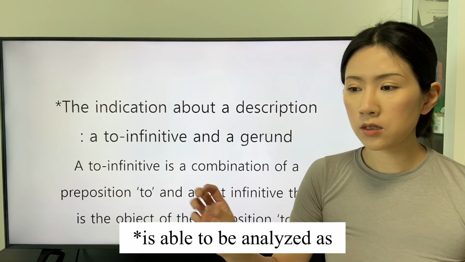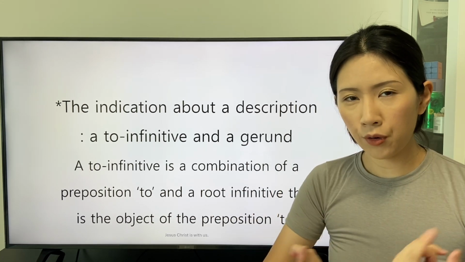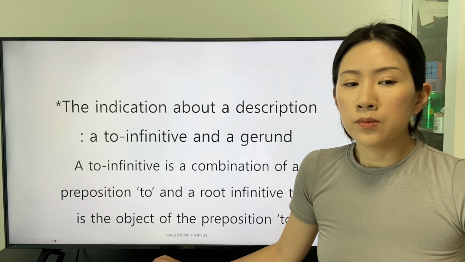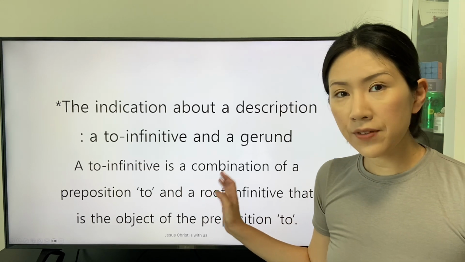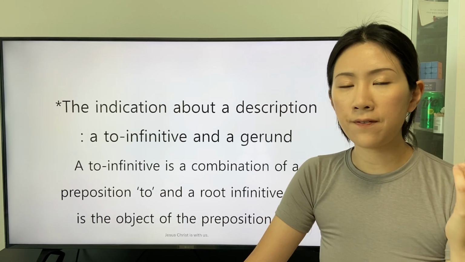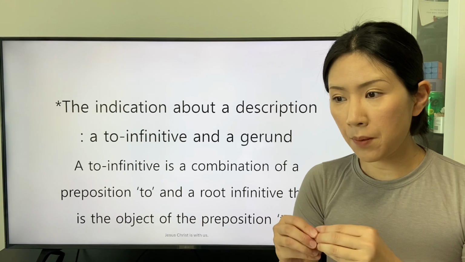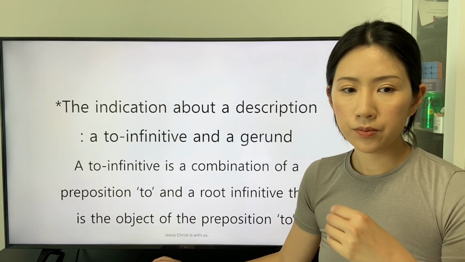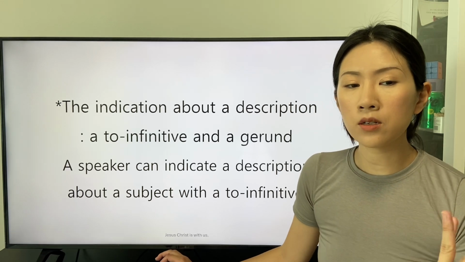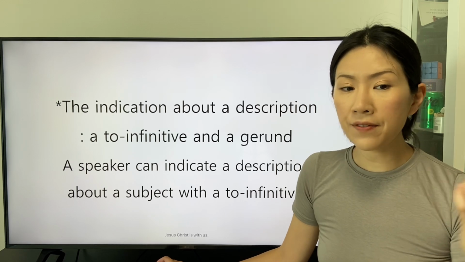A to-infinitive is able to be analyzed as a phrase of a preposition to, and the root infinitive receives the definition of the preposition to from the subject of the preposition to. A speaker can indicate a description about a subject with the to-infinitive.